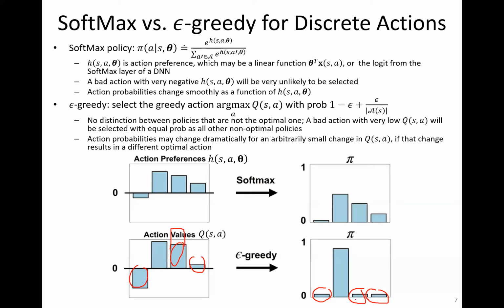Then suddenly this action probability will grow very large, and this action probability will be reduced to be very small. So the change in the action probabilities can be discontinuous. Both of these drawbacks are avoided in the softmax formulation of the policy.